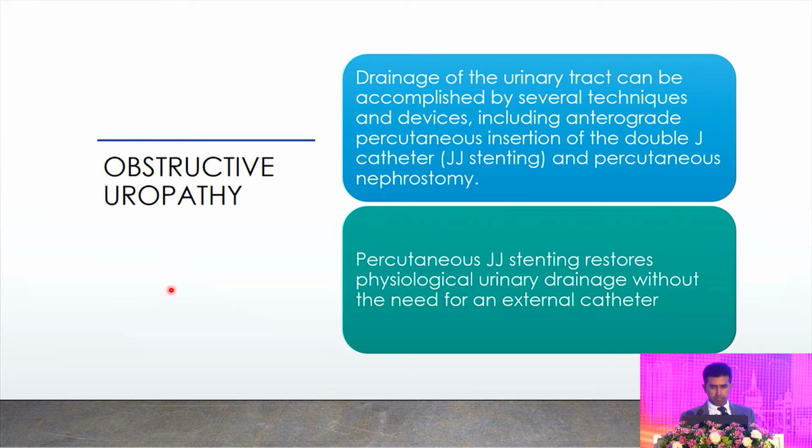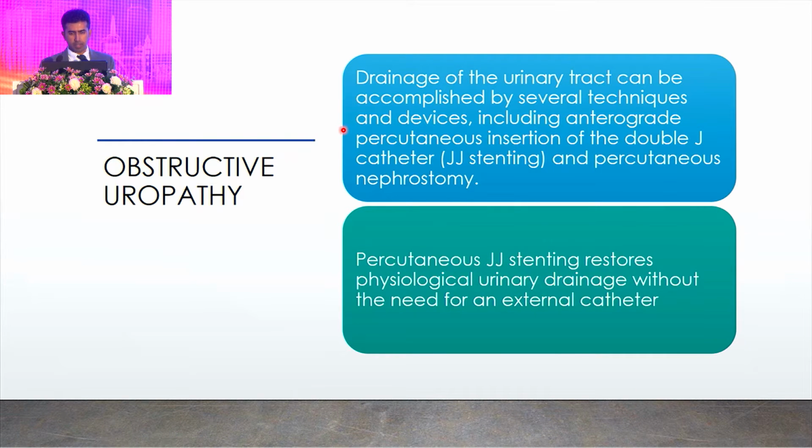Obstructive uropathy. The drainage of the urinary tract can be accomplished by several techniques and devices, including antegrade percutaneous insertion of the double J stents and percutaneous nephrostomies. Percutaneous double J stent restores the physiological urinary drainage without need for an external catheter.